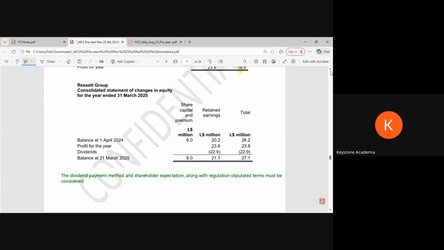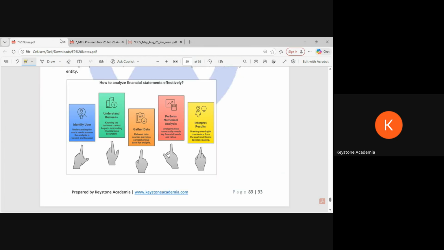We have got how much profit? 23.8, right? And how much did we pay? 22.9. That's not a good sign, but our competitor is also paying a very high dividend. And we don't know whether it was this year or every year we are paying such a high dividend.